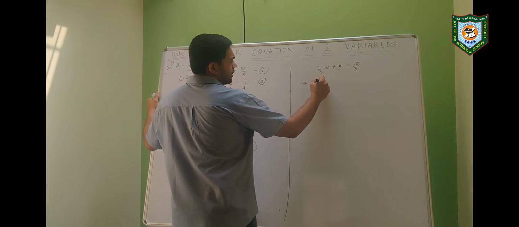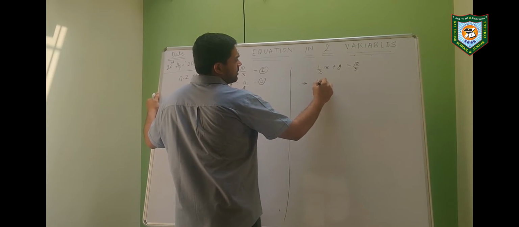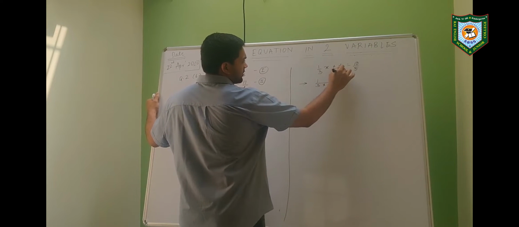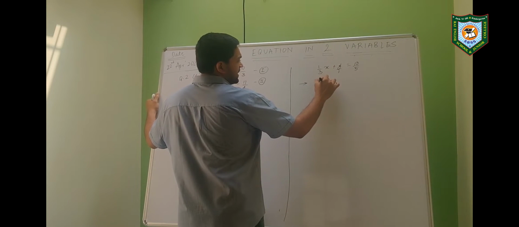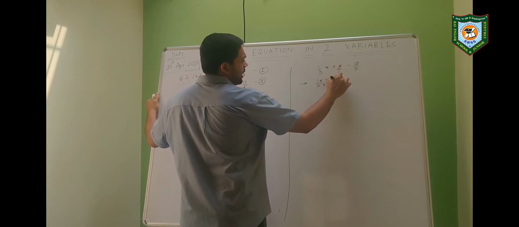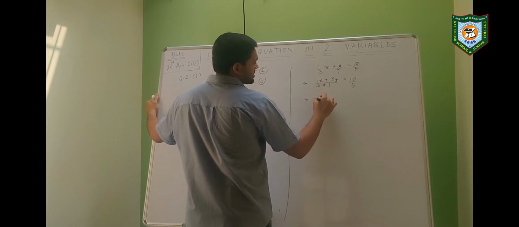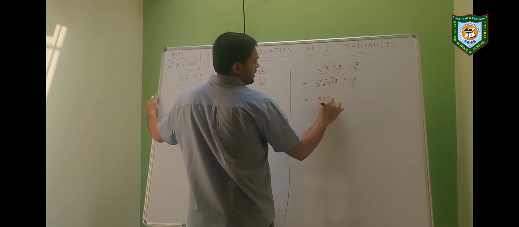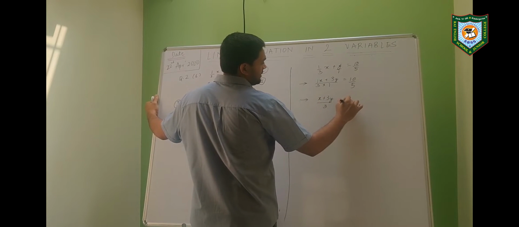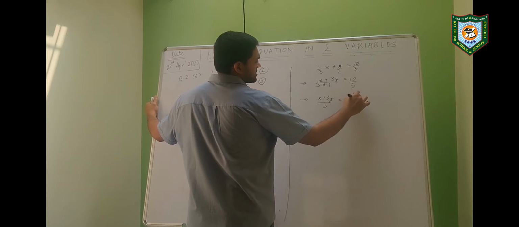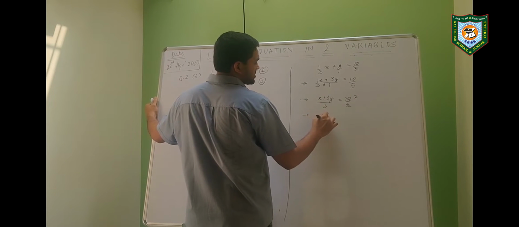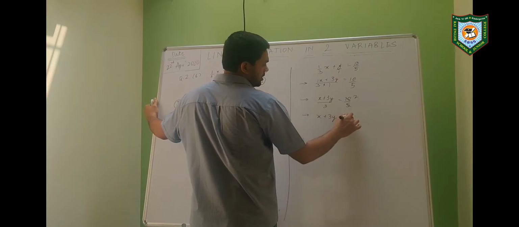So 1 by 3 into 1, here the denominator is 1, x plus 3 goes over here, 3y is equal to 10 by 5, which implies x plus 3y divided by 3 is equal to 10 divided by 5. This cancels, this becomes 2. So x plus 3y is equal to 6.